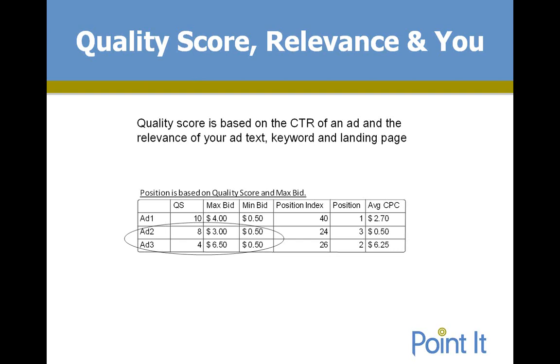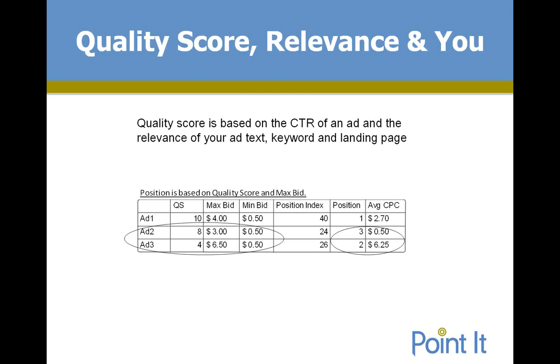And the one that has a better quality score, we're bidding $3. As you can see on the right, the one that we're bidding $3 for is only costing us 50 cents a click, while the one we're bidding $6.50 is costing us $6.25 per click. And we're only getting one position higher on the search engine results page.